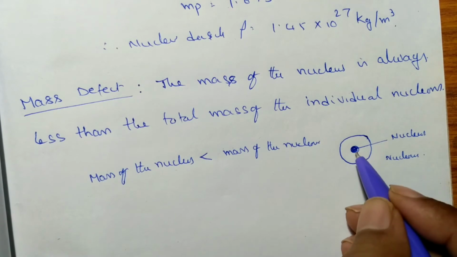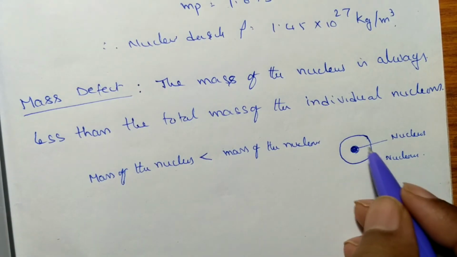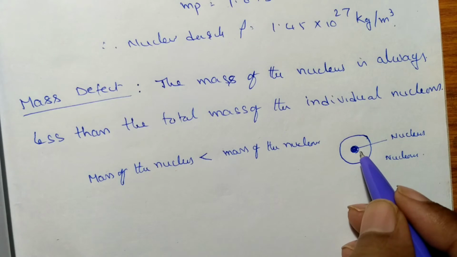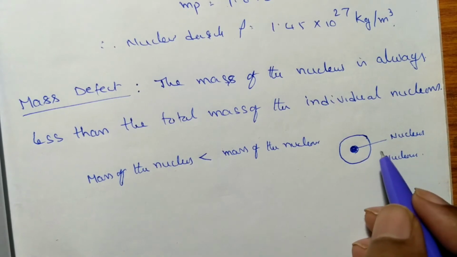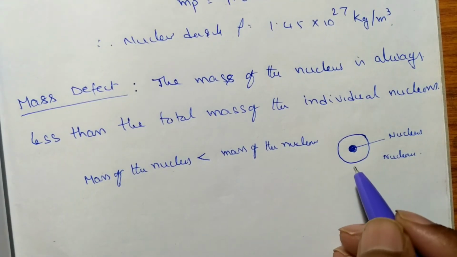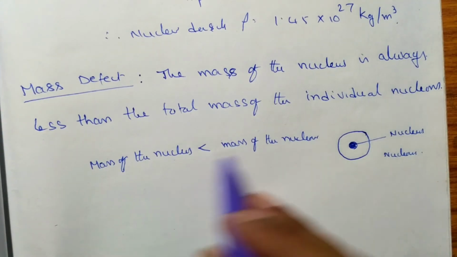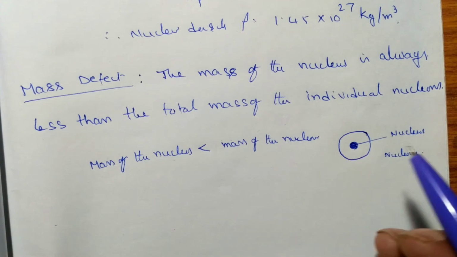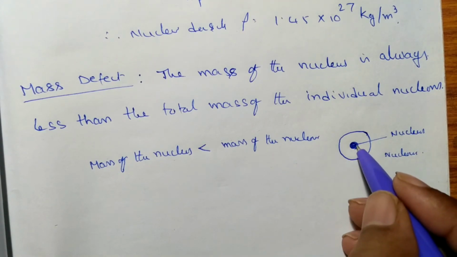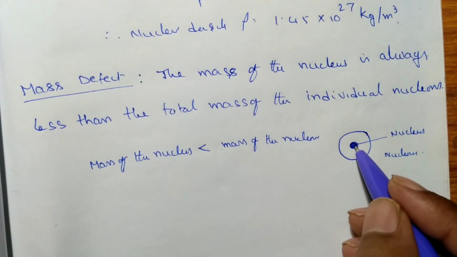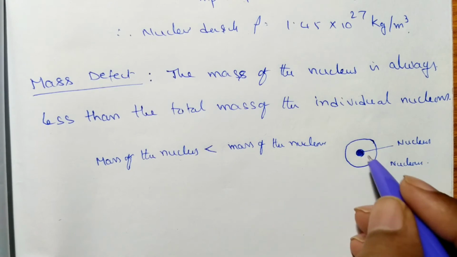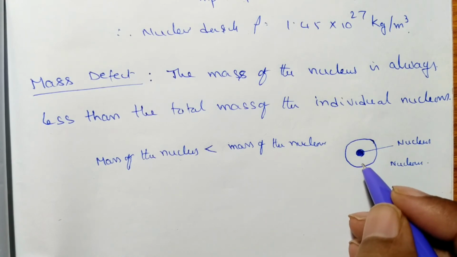That means if I measure the mass of this nucleus, and if I measure the mass of all the protons and neutrons, then the total mass of the nucleons is greater than the nucleus mass. This deficit, this decreasing mass, behaves like energy. The defect of mass, that means deficit of mass, behaves like an energy to separate these charged particles.